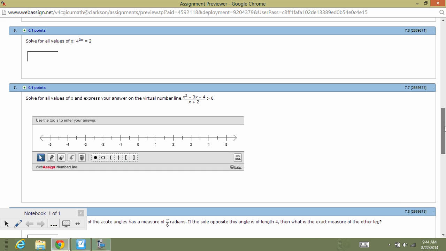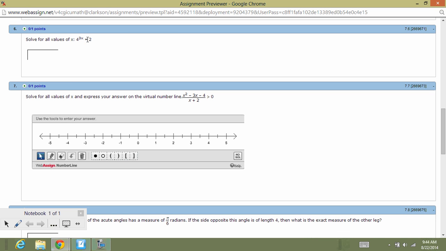6 is an exponential equation, which was a few units ago. An exponential equation with a base of 4, power 3x on there. And the other side of the equation has a base of 2. Okay, and so when doing an exponential equation, by that we just mean an equation where the variable is an exponent.